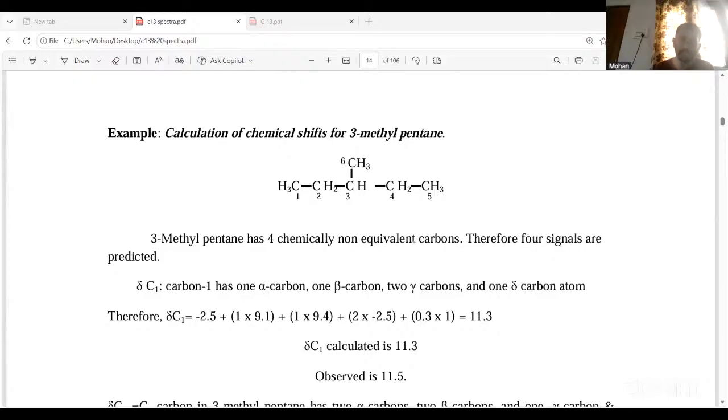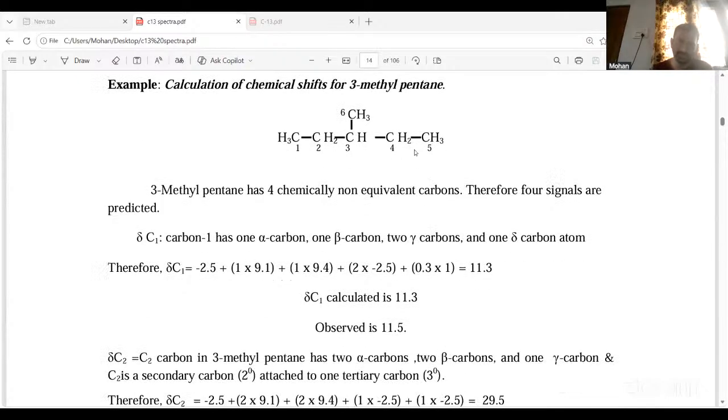Now we substitute the values in the formula, minus 2.5 plus the summation of Na.